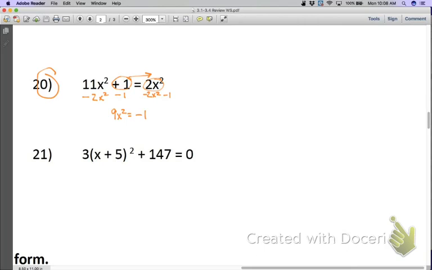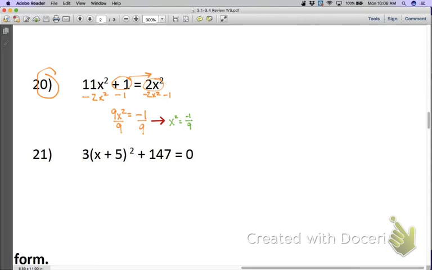So I want to get x by itself, so I'm going to divide both sides by 9. So whenever I do, I end up with x squared equal to negative 1 over 9. I'm going to put my negative 1 on its own up at the top, instead of putting it out in front.